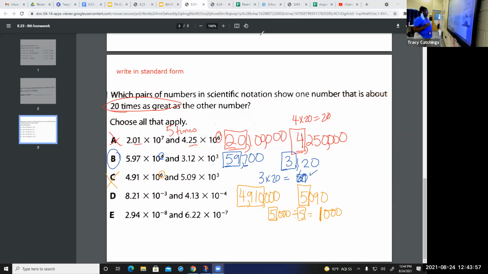All right, D will work the same way, except now we have smaller numbers. We have some negatives. Add a decimal and fill in those missing places with placeholders. So we have 0, 0, 8, 2, 1. Same with the other. Add a decimal and those zeros.